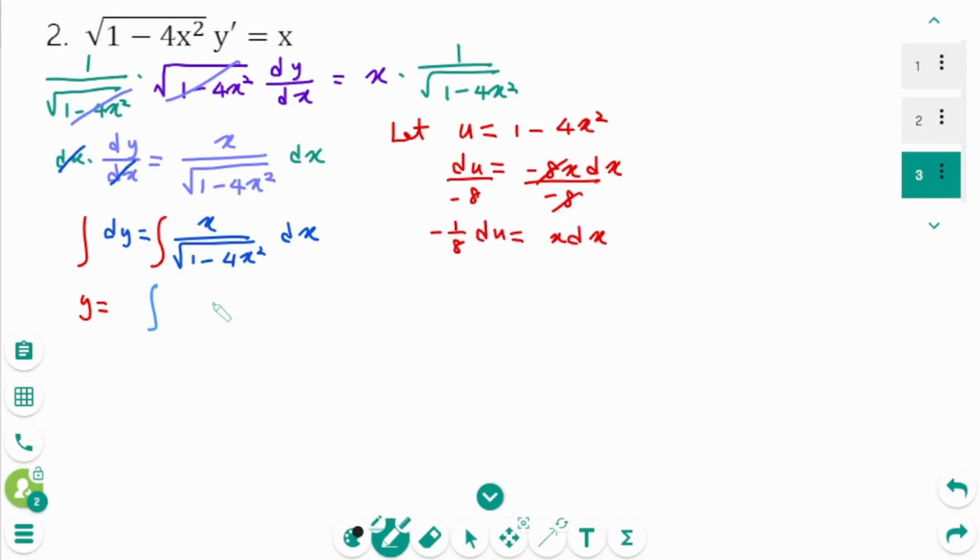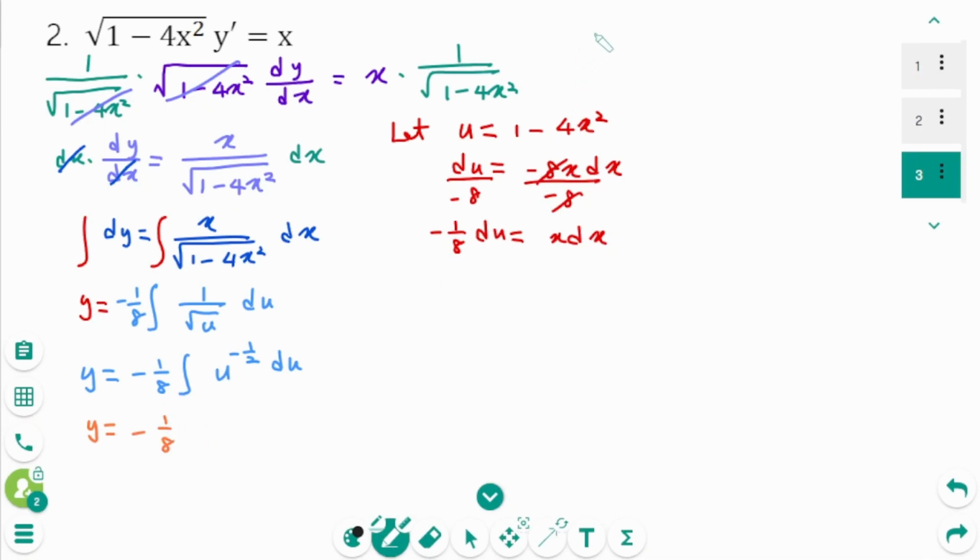Then integral 1 over square root of u, then x dx is minus 1 over 8 du, then y equals minus 1 over 8 integral of, make the power form, u to the power of minus 1 over 2 du.